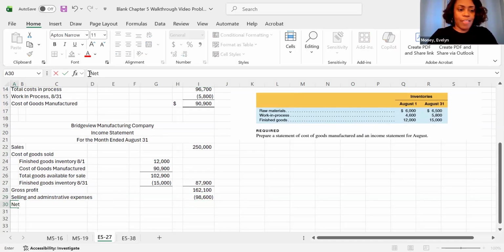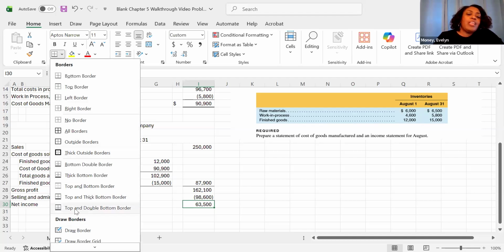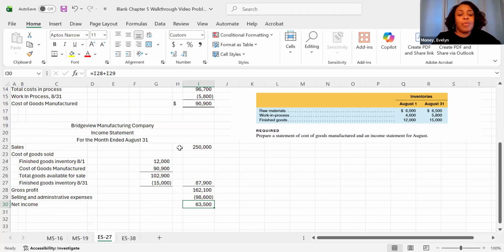And then we arrive at net income, which is the difference between gross profit and selling and administrative costs. All right, so 63,500 is my net income. So let me add my top and double bottom border, and let me do my dollar signs. And there is the income statement.